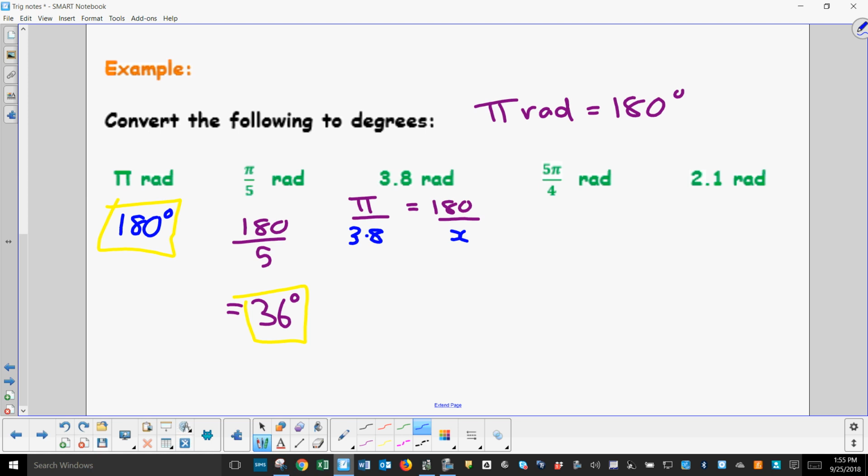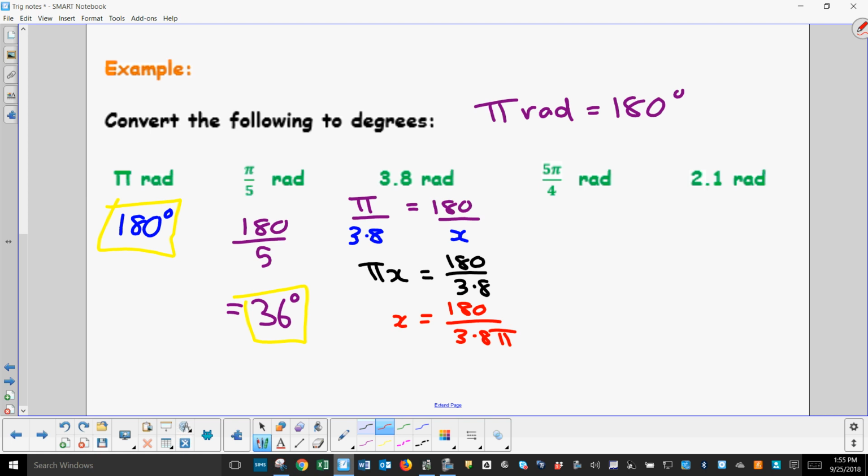Okay, pi radians is 180 over 3.8 radians, which is x degrees, and then cross multiply and solve. So then pi x is 180. Still got an awkward number. We might need to use a calculator for this one. So x equals 180 over 3.8 pi.